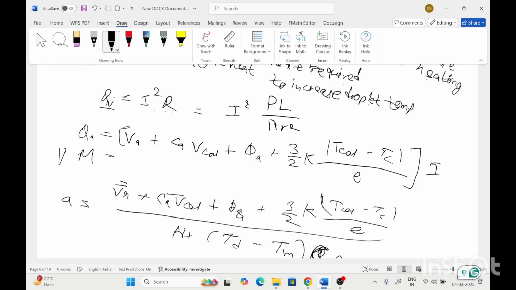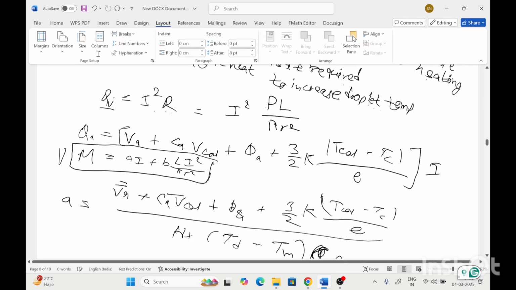So the melting rate can be written as AI plus B L I square divided by r square. So this is the equation for the final melting rate, where A and B are constants.